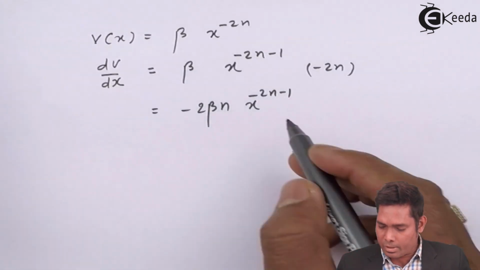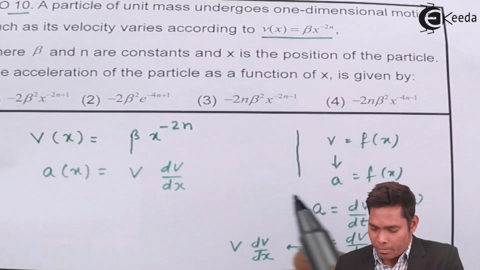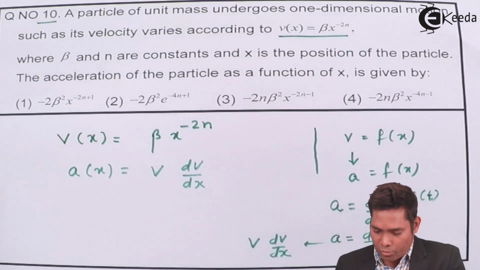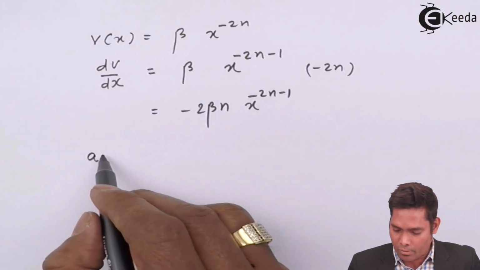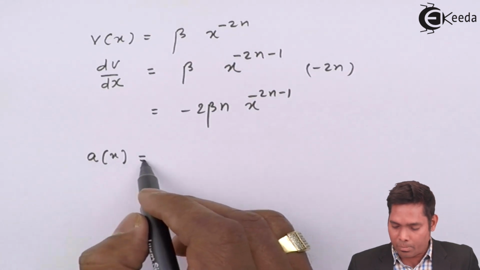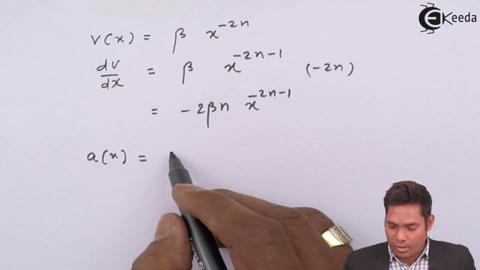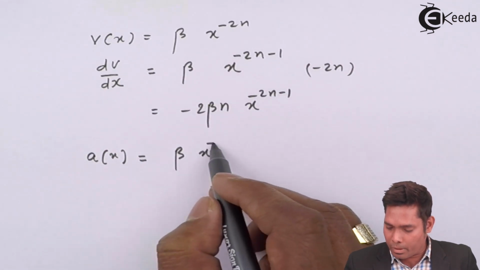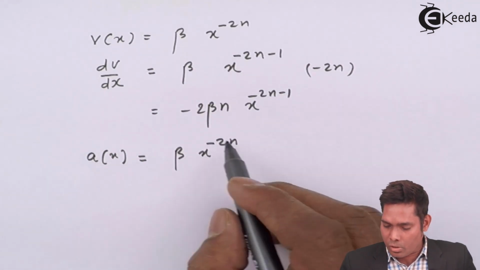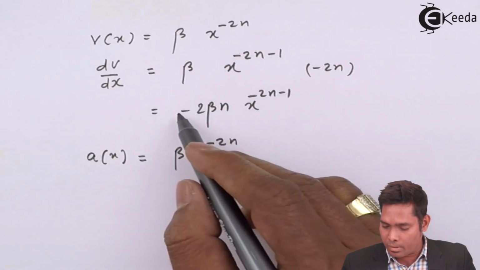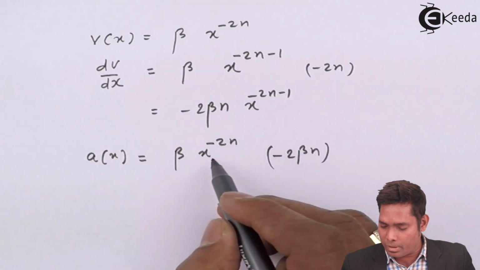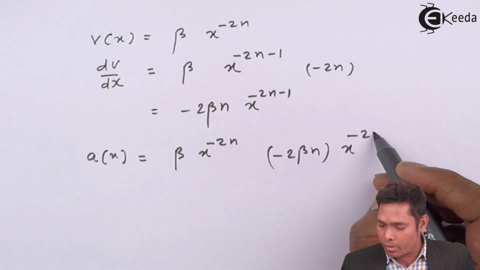This part we are getting this value, and what about this part? This part is given in the question. So acceleration as a function of x can be obtained as v, that is beta x to the power minus 2n, multiplied with dv over dx, that is minus 2 beta n x to the power minus 2n minus 1.